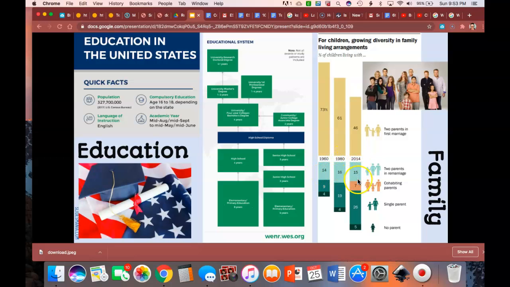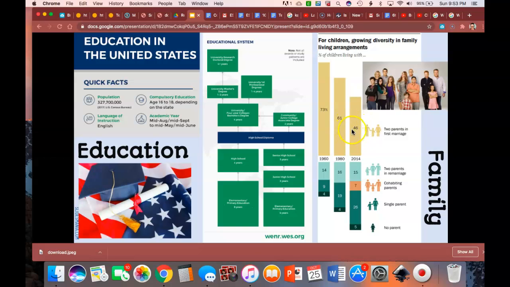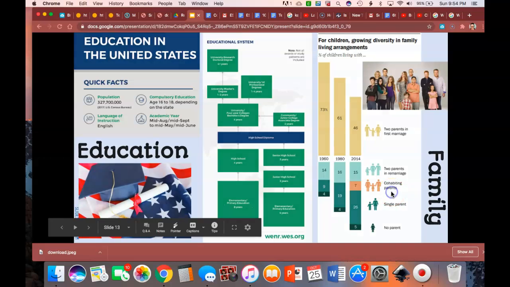So the average has gone up, and quite a few single parents, and a lot have gone down with two parents in first marriage. Key there, first marriage. Two parents in remarriage, 15%, up, so this did go up. And cohabiting parents, meaning parents that are not married, but do live in the same household.